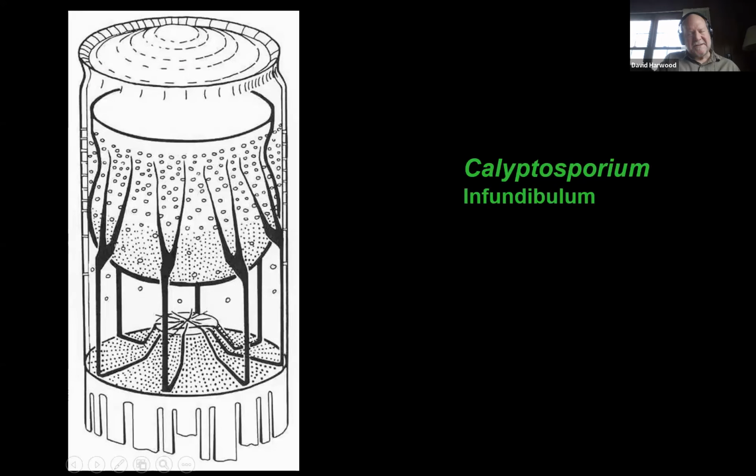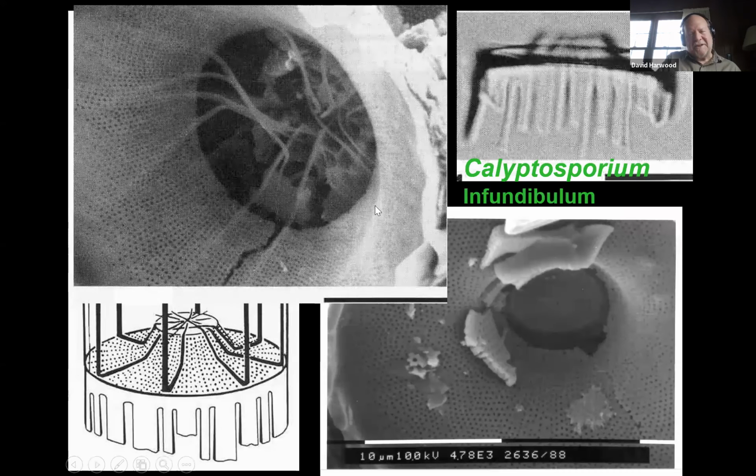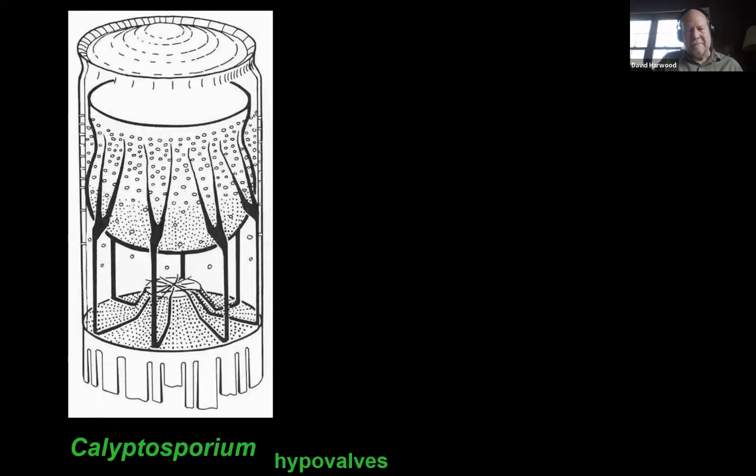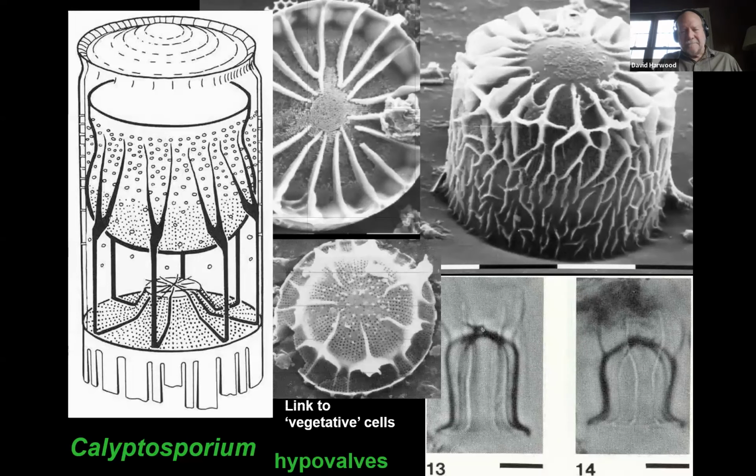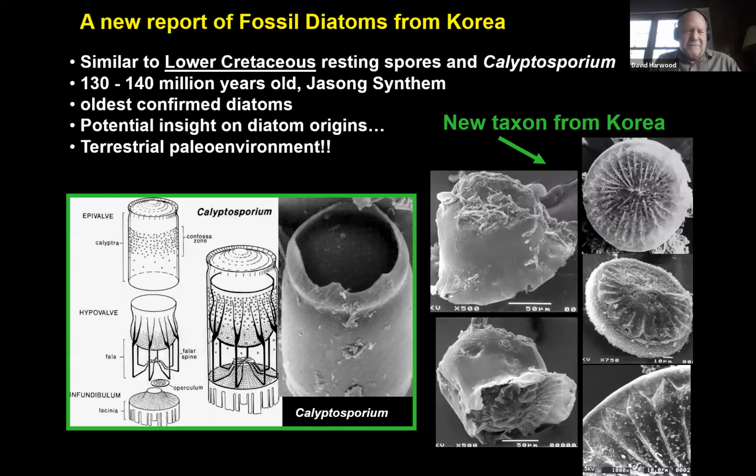But here's the nature of this internal infundibulum, and you get a sense that there might have been some kind of a plug across through here, or maybe this is just broken. Or you could even think that these spines are fine enough that they're actually flexible, right? That might be holding some things in place, or could even act in some ways like a spring.